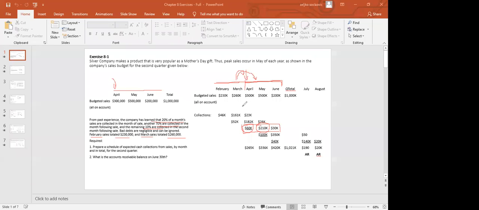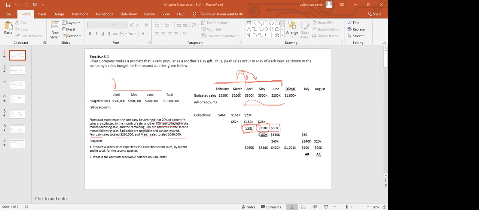You can start with April here on top, 60, 210, 30. Line it up here. The reason I put it in this format is because it follows chronological order.